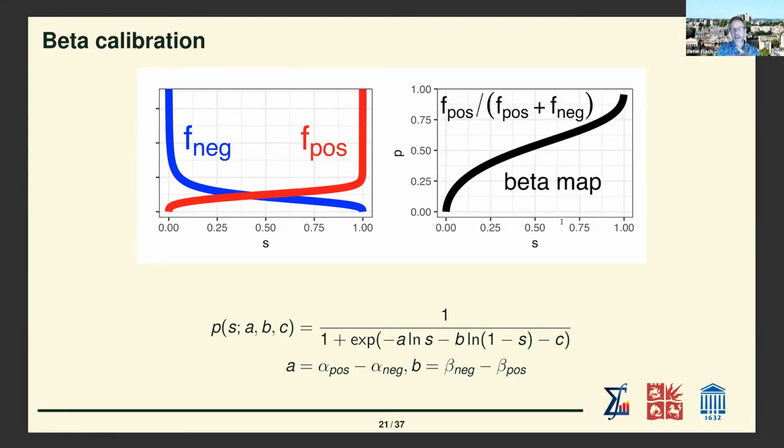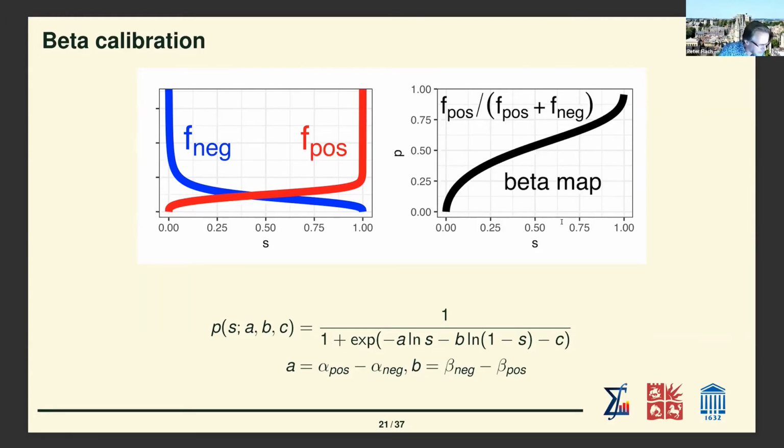If A equals B, then we assume that the 2 score distributions are each other's mirror image, but we can also model asymmetric situations. So we'll come back to each of these, but this gives you a little bit of a taster.